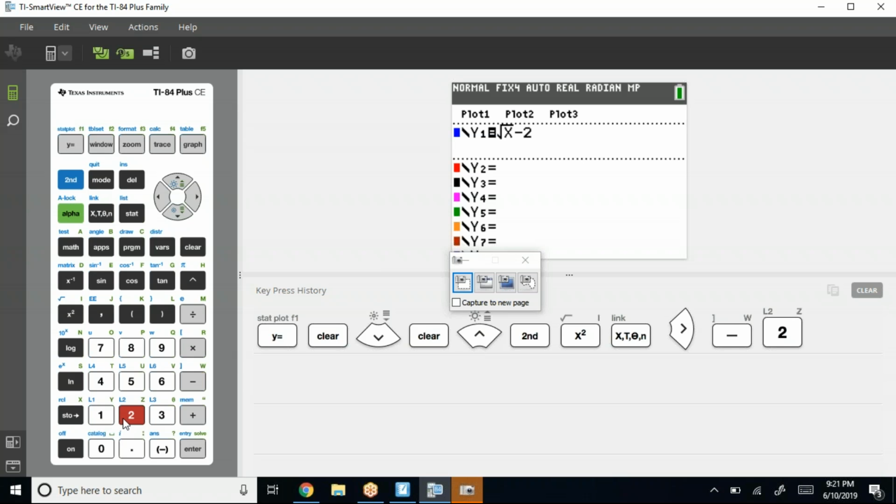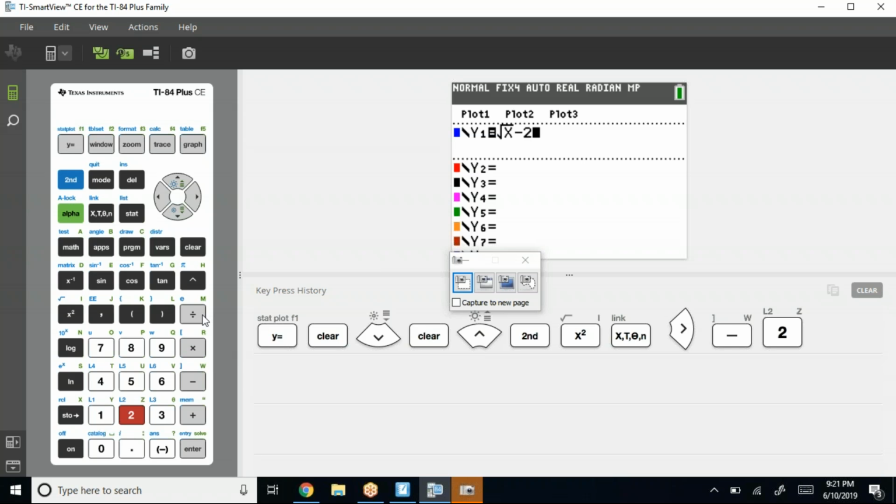But they're giving us a domain restriction that says for x greater than 0, right? Greater than or equal to 0. So I'm going to teach you how to do that. I guess you could look at a table and just start at 0 if you wanted to. But I'm going to show you a little bit, and it's going to help you when we get into piecewise.